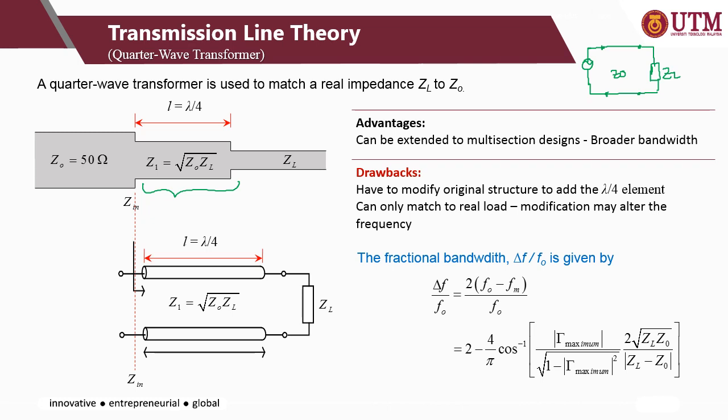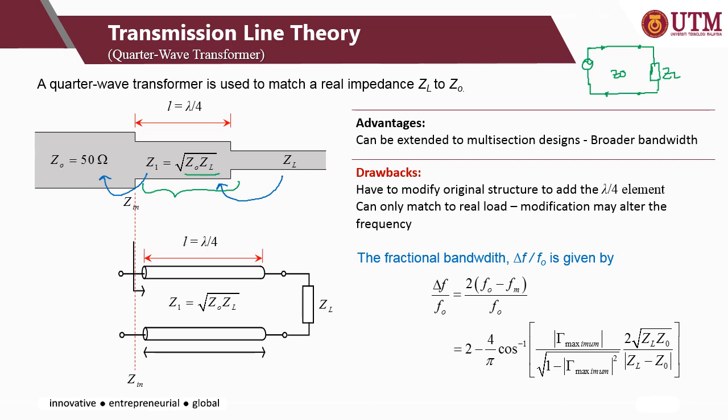The characteristic impedance for the additional λ/4 element is given by Z1 equal to the square root of Z0 times ZL. Basically the load must match to the characteristic impedance of the prior element, and then Z1 needs to be matched to the original or real impedance of Z0.